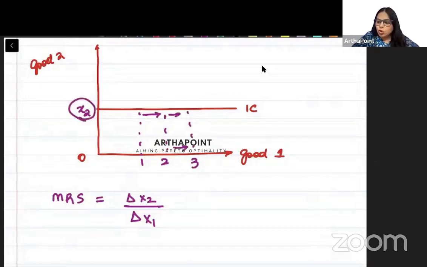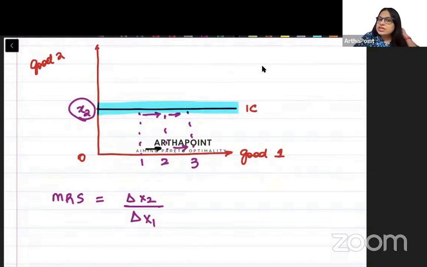No. You want to keep good 2 at x2 only. Because increasing good 1 does not increase your utility. Good 1 के बढ़ने से आपका utility नहीं बढ़ रहा. You are not able to increase your utility. So when good 1 is increasing, your utility is unchanged.